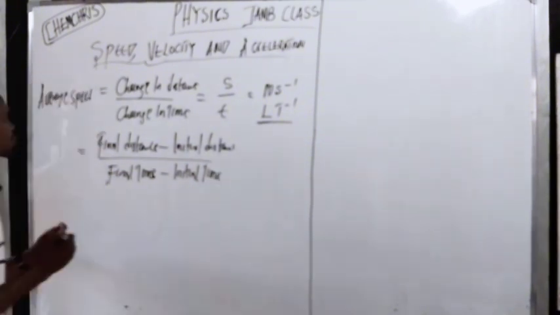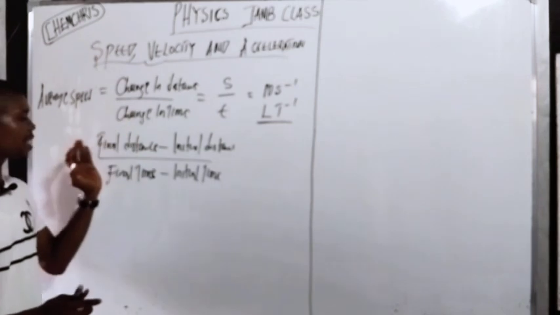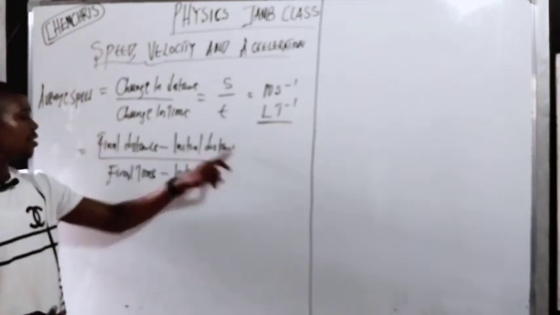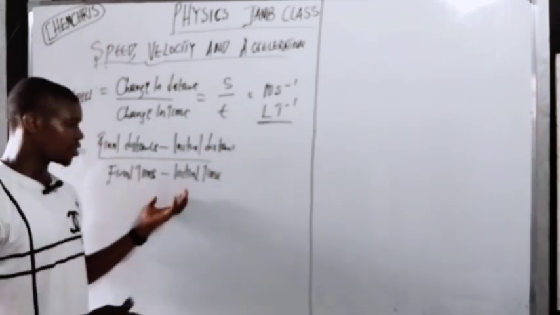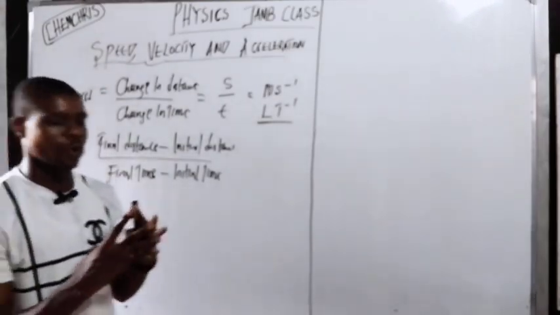So average speed is change in distance over change in time: final distance minus initial distance, over final time minus initial time. Do you understand? So we are going to take some quick examples for you to understand this very well.